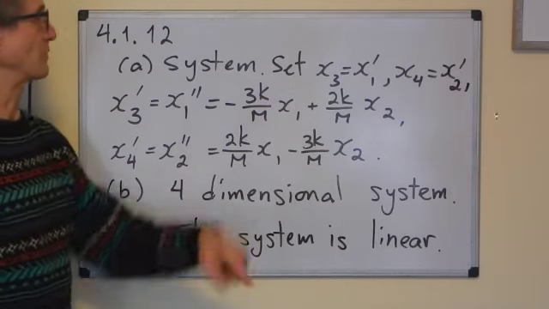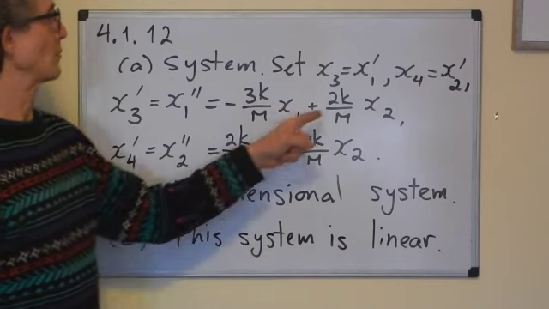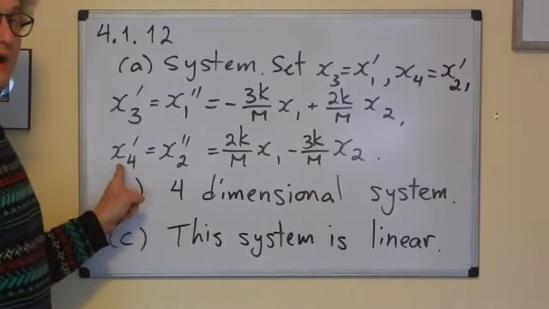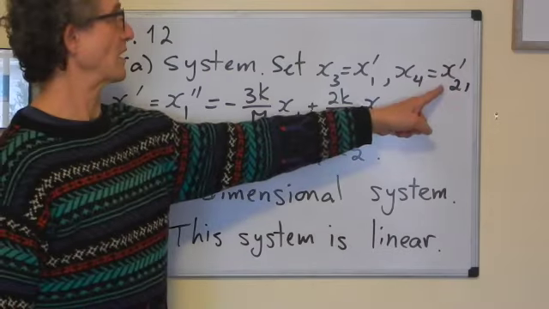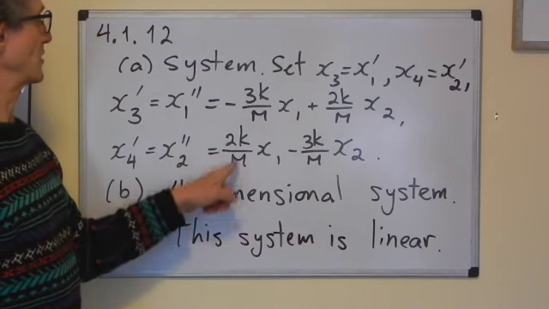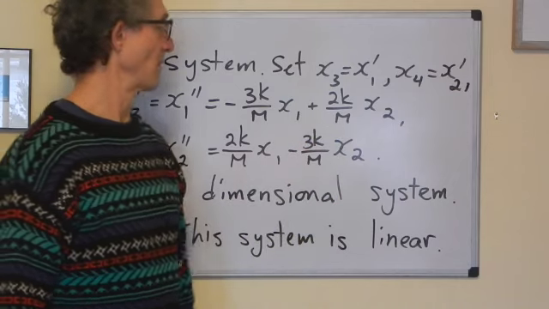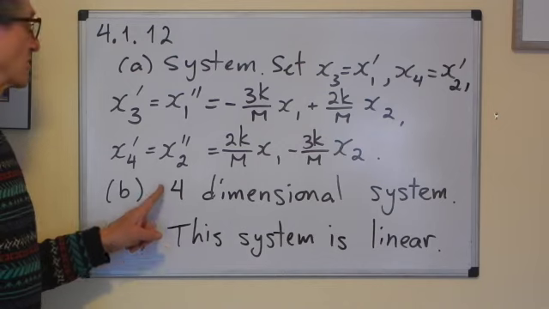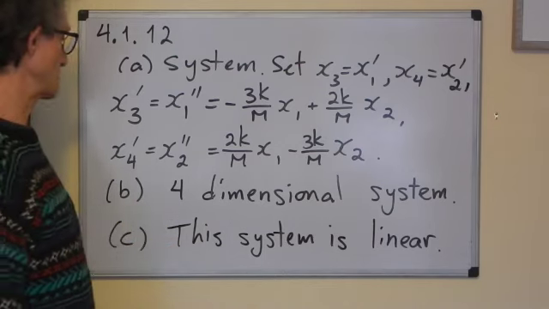And having divided by m, we have minus 3k over m x1 plus 2k over m x2. And for x4, its derivative is the second derivative of x2, and so again, having divided by m, we have 2k over m times x1 minus 3k over m times x2. There are four variables here, so this is a four-dimensional system. It's a first order four-dimensional system.